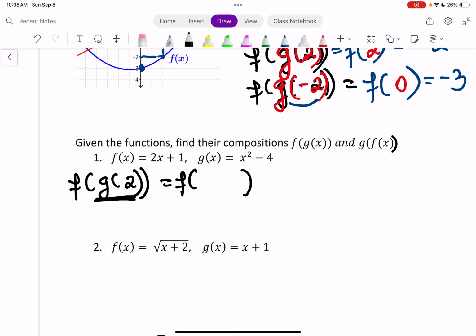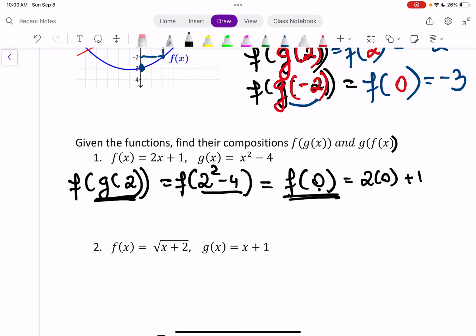So when I plug in a 2 into the g function, this is what that gives me. 2 squared minus 4, which, by the way, is going to get me a 0. Yes? 4 minus 4 is 0. Now that we got the output, the answer, plug in this value as an input for the function f. So f of 0 is 2 times 0 plus 1, which is just 1. So this is how that works.